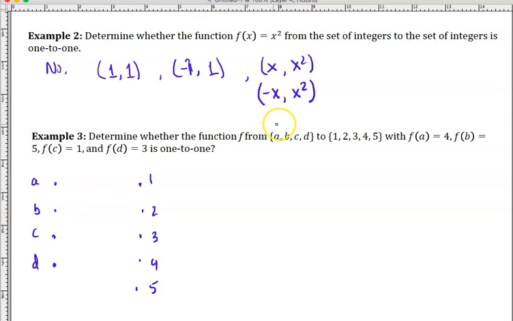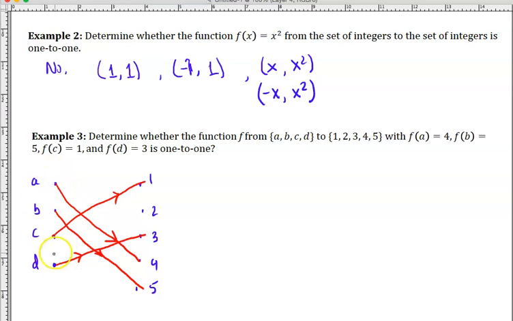Let's draw arrows. It says f of A is 4, so A goes into 4. 4 is the image of A. B goes into 5. 5 is the image of B. C goes into 1, and D goes into 3.